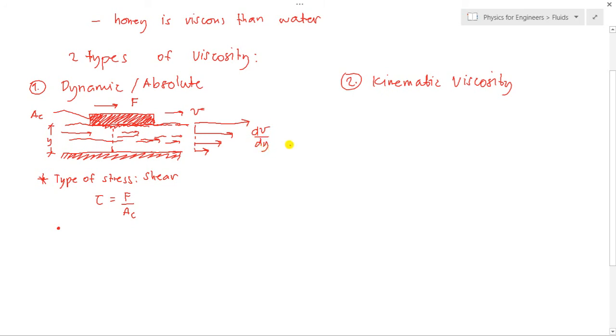Okay? So ang change na niya is what is known as the velocity gradient, dv over dy.